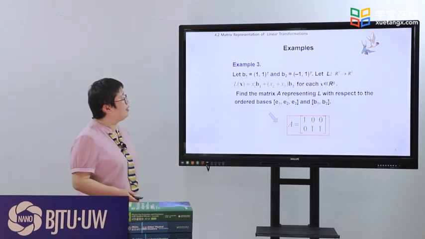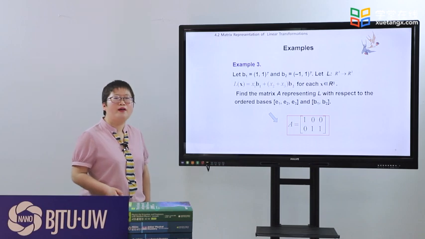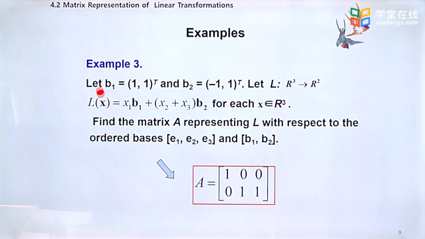Okay. Now we consider a simple example. Example 3. Let B1 be (1, 1) transpose, and B2 be (-1, 1) transpose. Let L from R3 to R2 be defined in this way: L(X) equals X1 times B1 plus the scalar X2 plus X3 times B2, for each X belonging to R3.